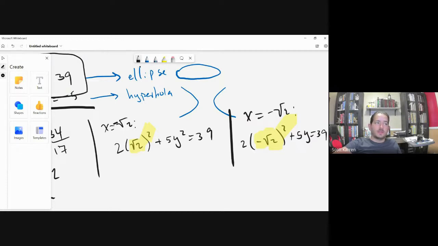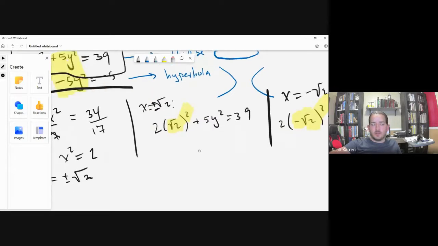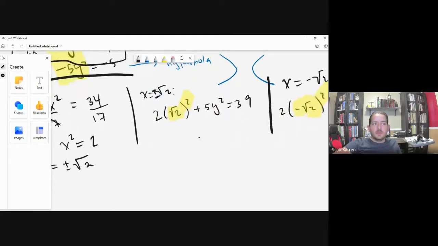So I'm going to say that this applies to both positive or negative root 2, just to save me the work. Okay. And then I get 2 multiplied by, this is just 2, plus 5y squared is equal to 39, or 4 plus 5y squared is 39.